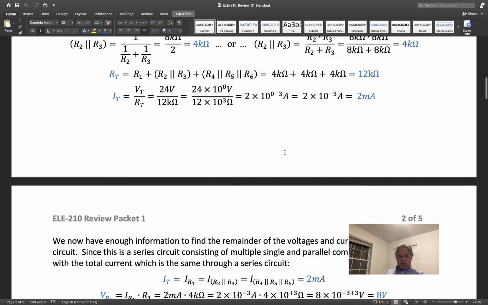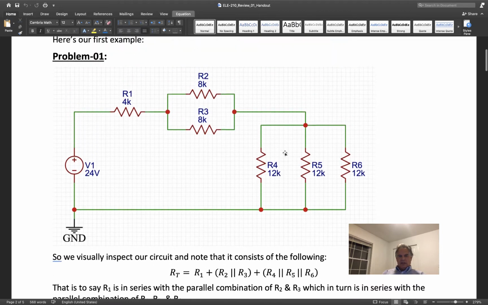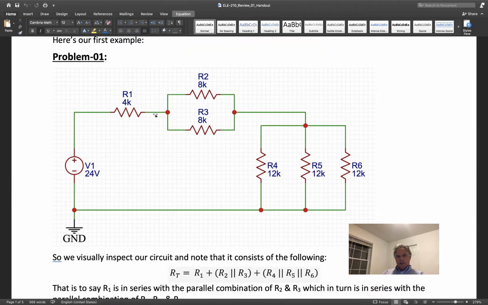So, as I go back to our diagram here, we're going to have 8 volts across R1, 8 volts across the parallel combination of R2 and R3, and 8 volts across the parallel combination of R4, R5, and R6. And so we start off with a 24 volt rise, so we could call that minus 24.